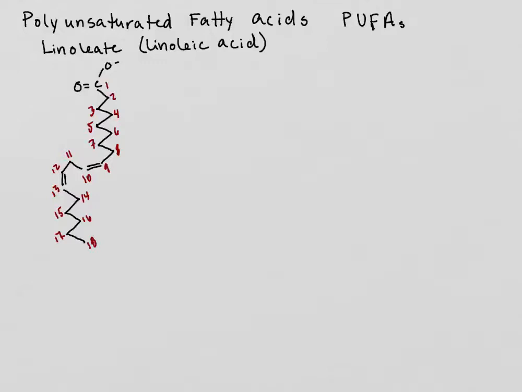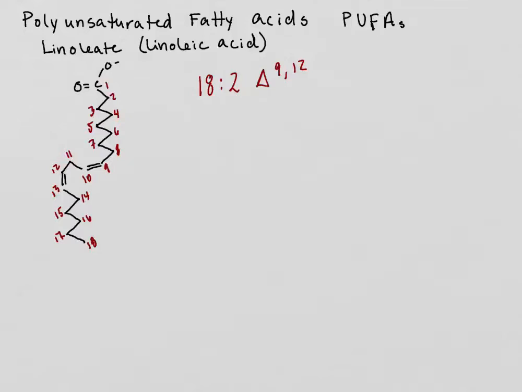Aha, another 18 carbon long. So we'll go ahead and write down that we have an 18, but this time :2 because there are 2 double bonds. Delta 9, but also 12. So delta 9, 12.